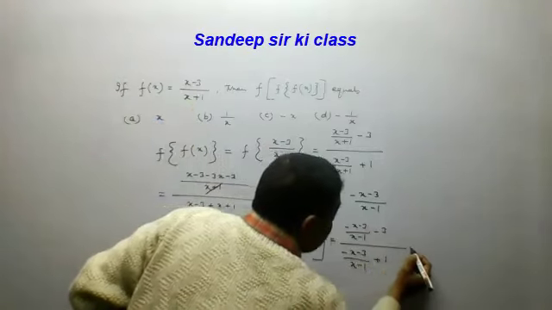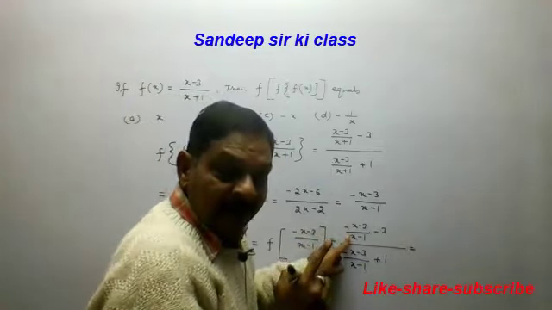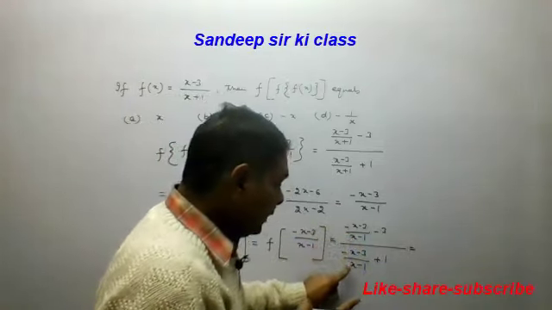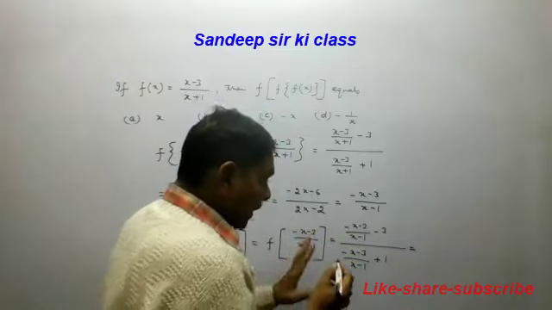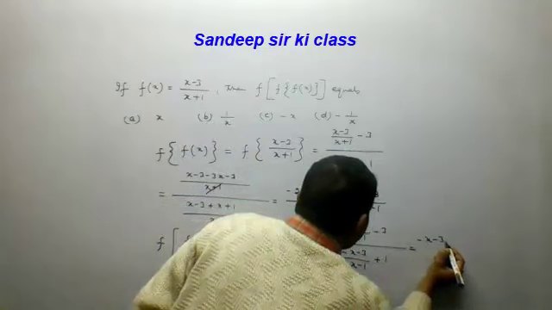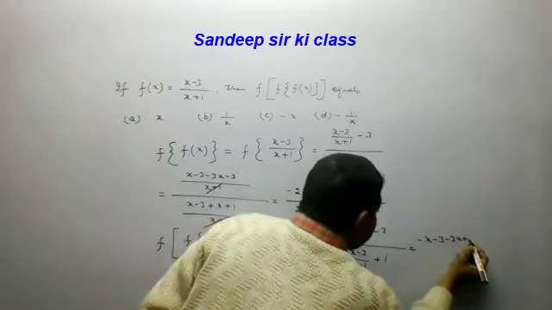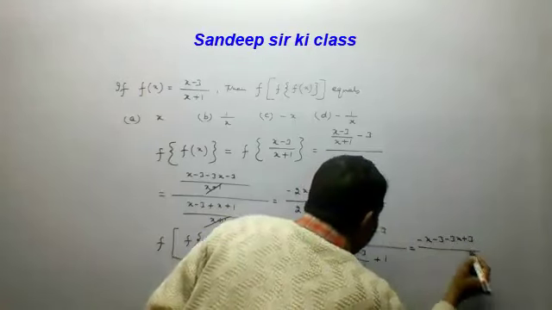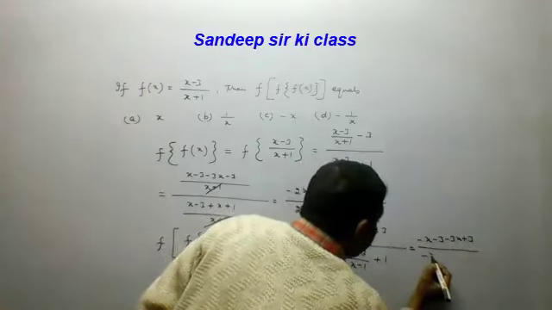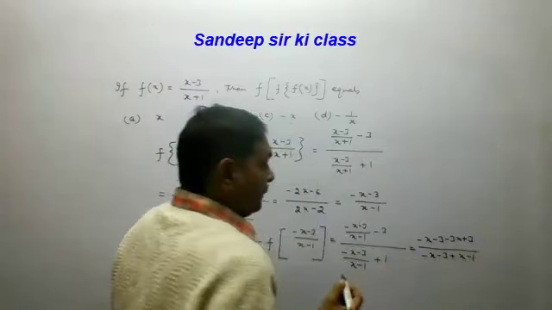plus 1. Simplify this. x minus 1 will be LCM in the numerator and denominator, which will be cancelled. So I am writing directly. It will be minus x minus 3 minus 3x plus 3 upon minus x minus 3 plus x minus 1.